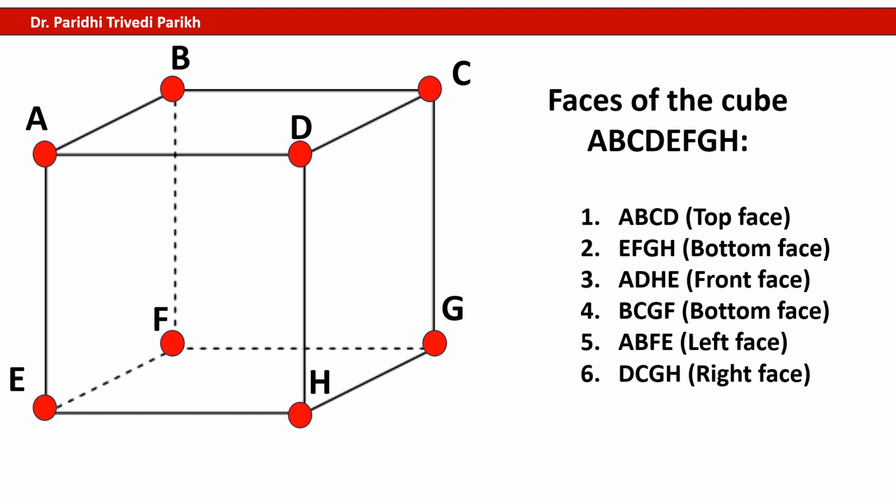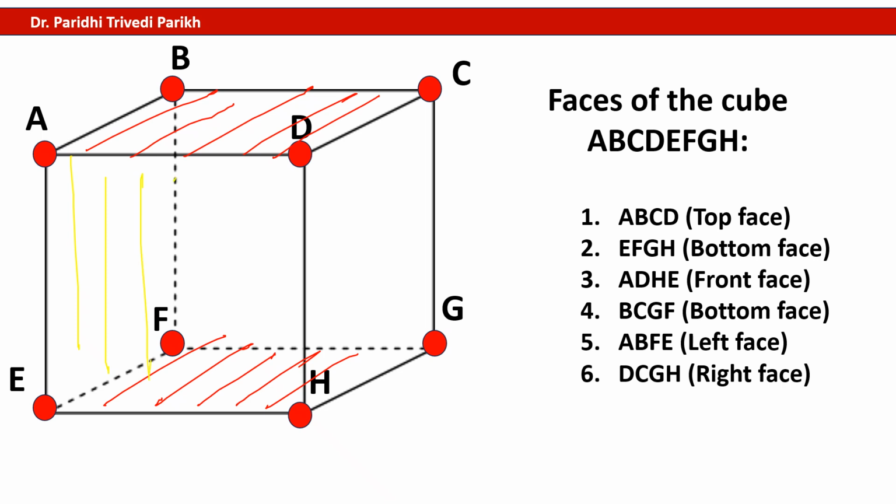Now when we talk about the faces, A, B, C, D is one face which is at the top, and please understand this is a square face. Then E, F, G, H is the bottom face. A, D, H, E is the front face.